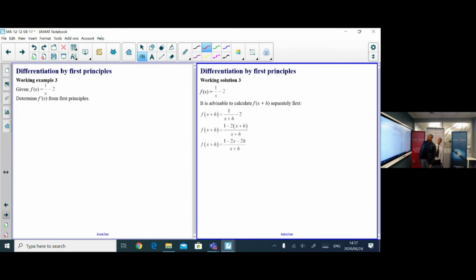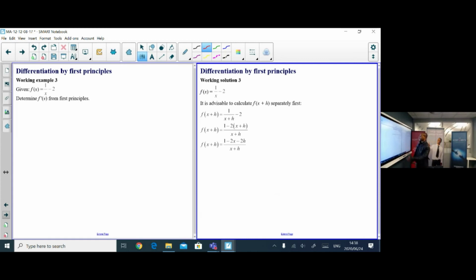Okay, and so another worked example for you comes up. Determine the first differential from first principles. Again, this might look scary, in some instances where your x is in the denominator like this, but there is nothing to be scared about. This is simply this very same approach. You simply look at your x and all that.